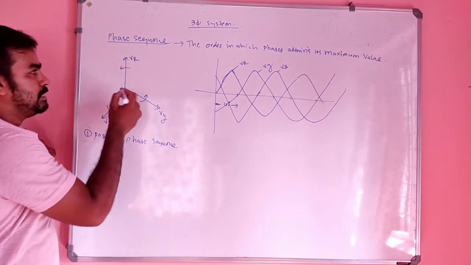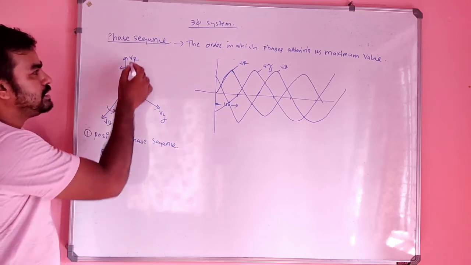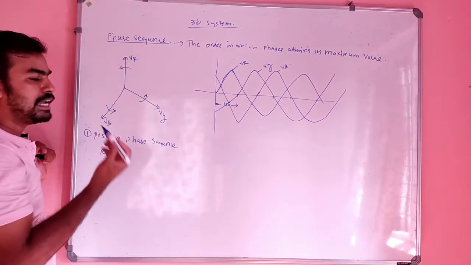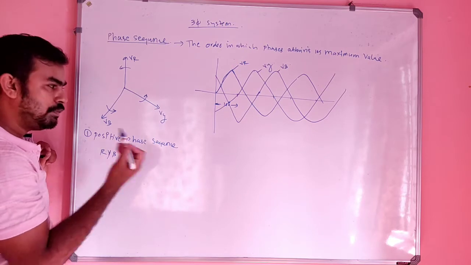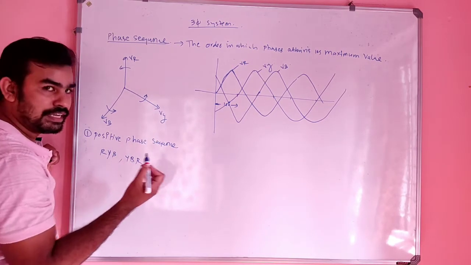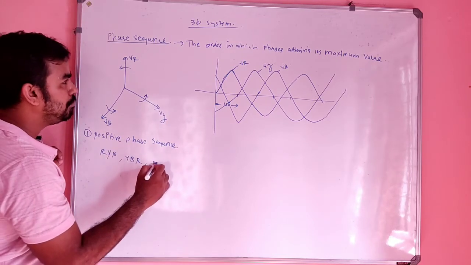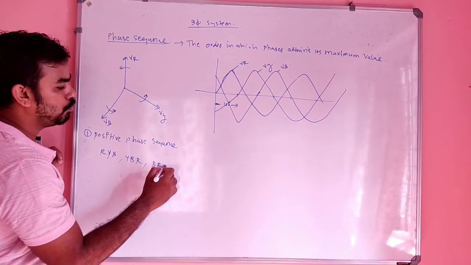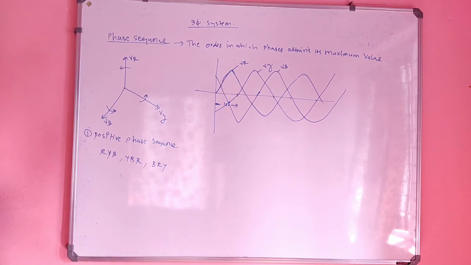So RYB will be the phase sequence of this positive sequence. That means, suppose you ask what is the phase sequence here, RYB you can say is a phase sequence, or you can say YBR is also a phase sequence, positive phase sequence, or you can say BRY also a phase sequence, positive phase sequence.